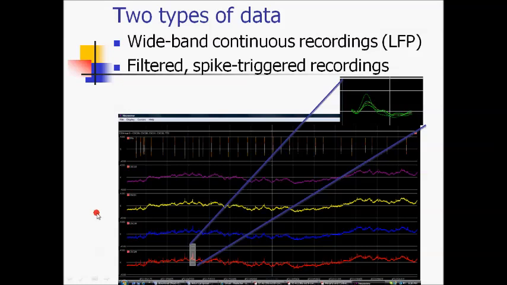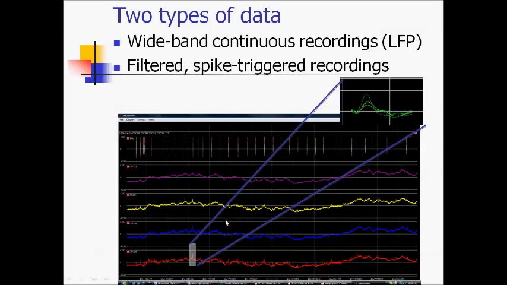So the advantage of having everything is that there is a lot of useful information in the local field potential. The advantage of having only spikes is when you are recording for long times, like 24 or 48 hours. If you recorded continuously, the data files would be too large to handle.